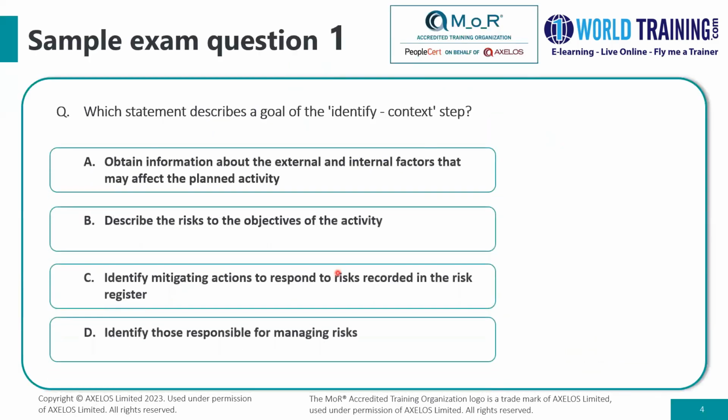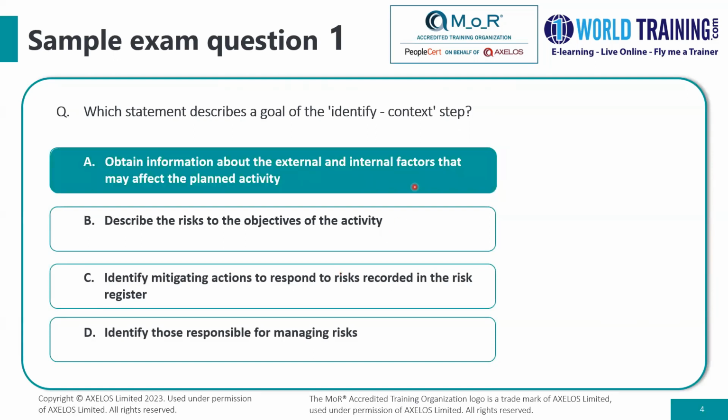Question number 1, which statement describes a goal of the identify context step? Correct answer is A, obtain information about the external and internal factors that may affect the planned activity.